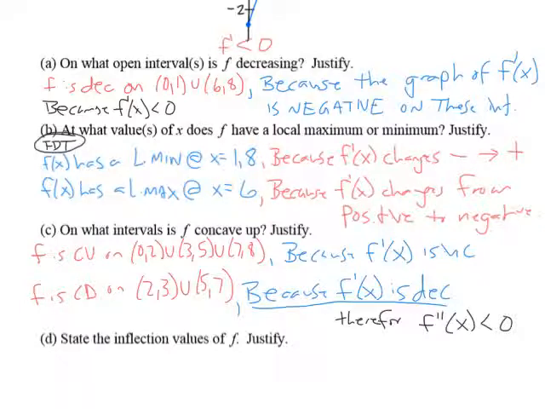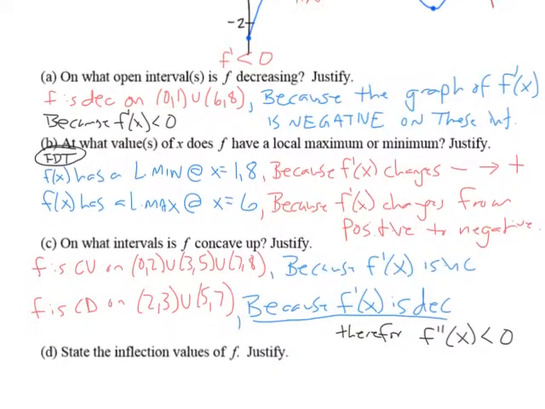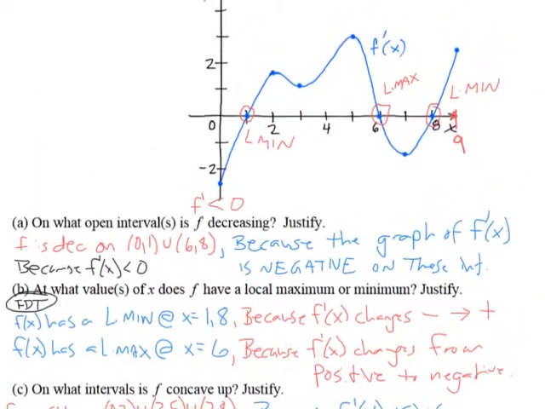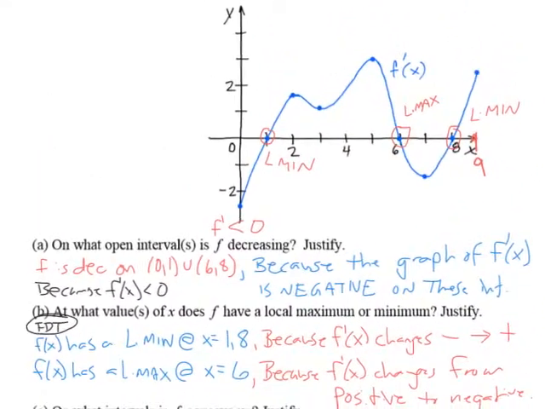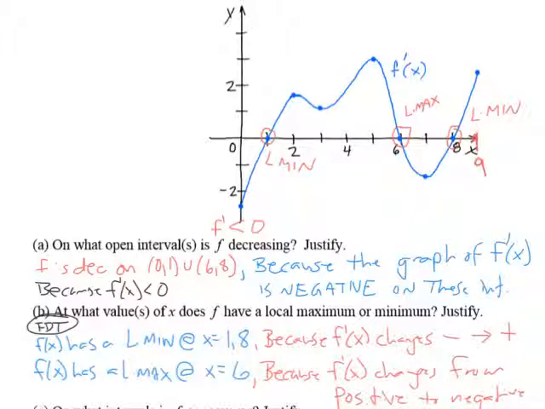All right, part D asks us to find the points of inflection, or the inflection values, and those occur where we switch from concave up to concave down. So since our function is concave up here and then concave down, i.e. the derivative is increasing to decreasing, points of inflection are going to occur anytime the derivative changes from increasing to decreasing.